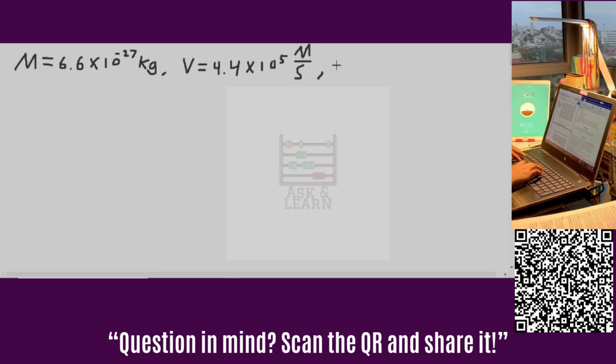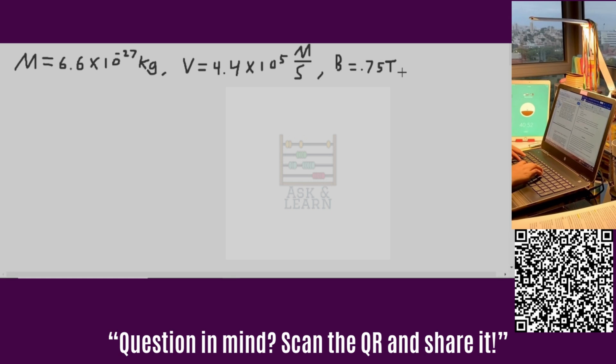We are given a magnetic field that this particle is in, B, equal to 0.75 Tesla. That's also the SI unit for magnetic field.